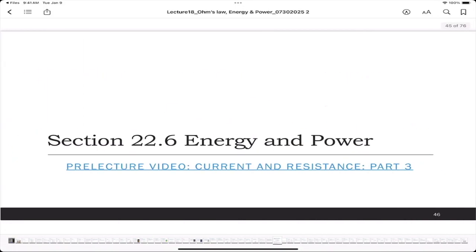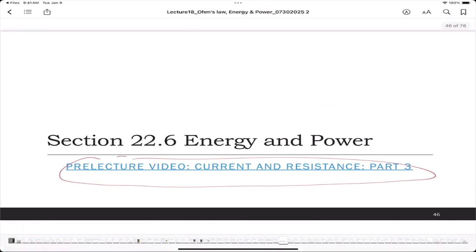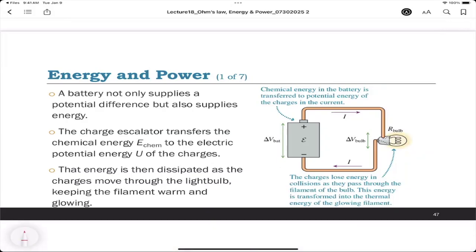Okay, let's continue to talk about energy and power. You can also review some videos for current and resistance part 3, energy and power. I will now play it here. A battery not only supplies a potential difference, but also supplies energy. We talked about that in the last class, because there is the electric field inside it, which means there will be some energy.